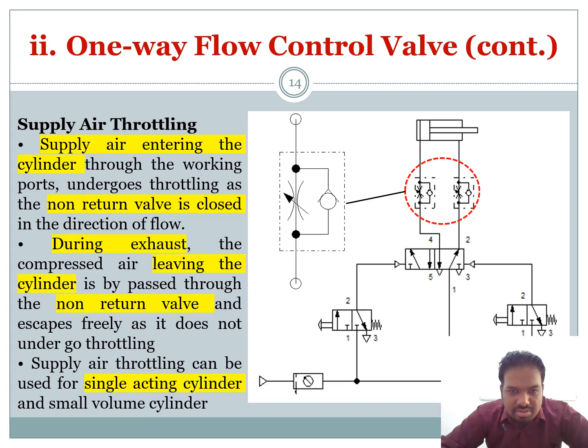So your flow will choose this pipe, and it will be slow. Meaning the supply to your cylinder, for it to extend, will be controlled. So this can be used for your single acting cylinder. You can check how it can be done. So that is for your supply air throttling.